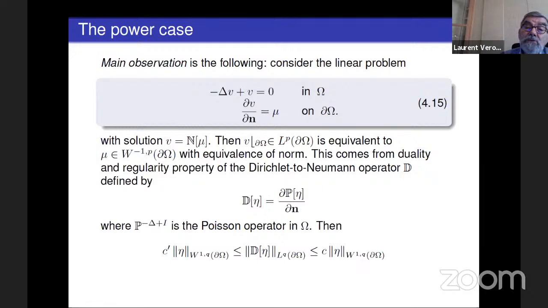So if you have a super solution of the equation, of course you can hope to have a solution below, and this super solution is such that the trace of v on ∂Ω to the power p belongs to L^p. So it's good. That means you are in the good configuration.